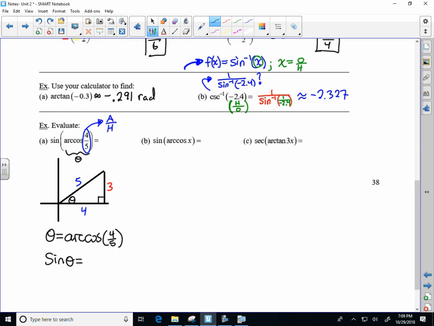When you put it like that, they're composite functions, composition of functions. You're taking the arc cosine of 4/5 and replacing the theta with that. That's where this original expression comes from to begin with.